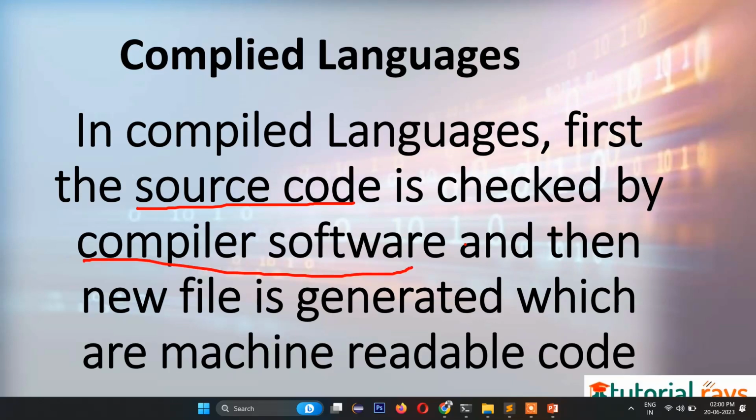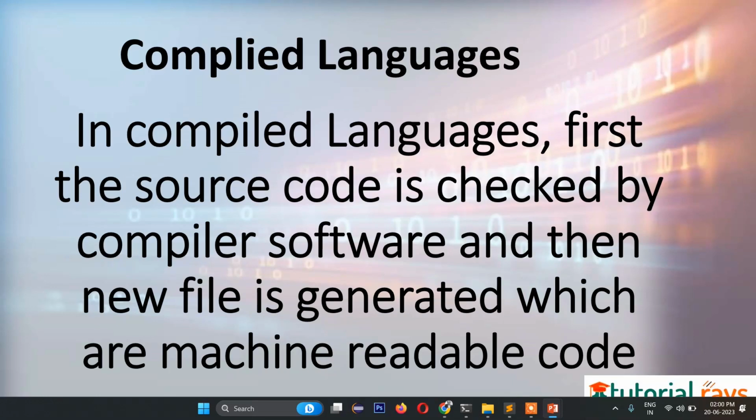Okay, so this is the first step. Source code is checked by the compiler software, and then after checking everything, if all is fine, a new file is generated. That is important. A new file is generated, and now that newly generated file is actually understood by the machine. So that is the main concept of compiled language.